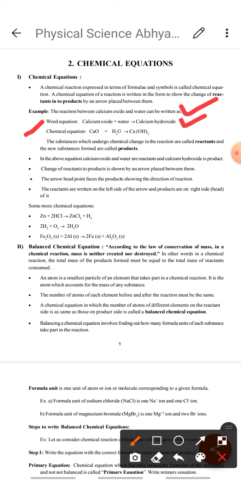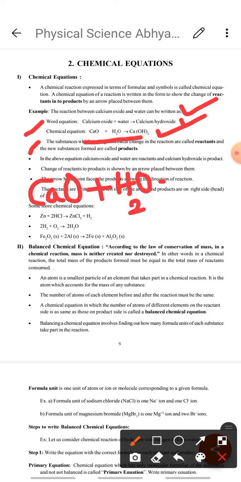For this word equation represented with symbols, CaO plus H2O gives Ca(OH)2. This is called chemical equation. So, I am writing calcium oxide formula is CaO, water formula is H2O, arrow mark, calcium hydroxide formula is Ca(OH)2.